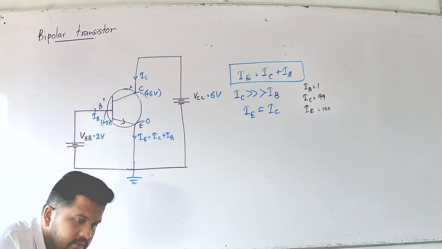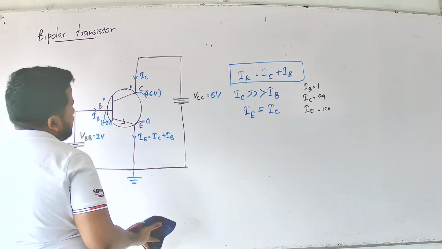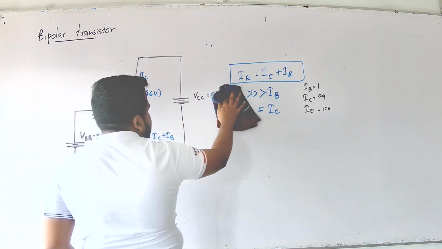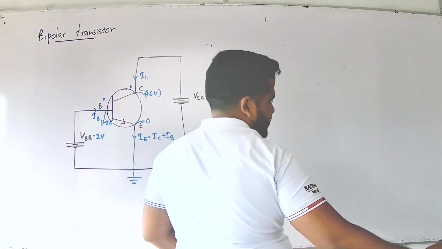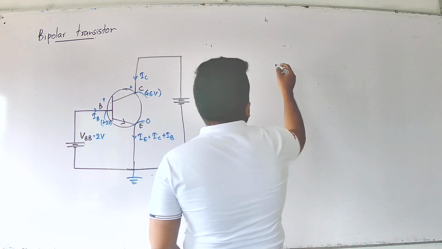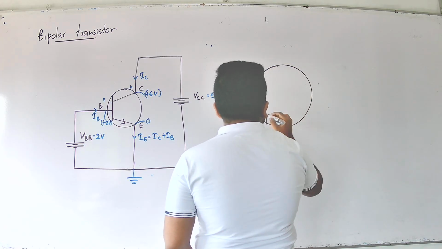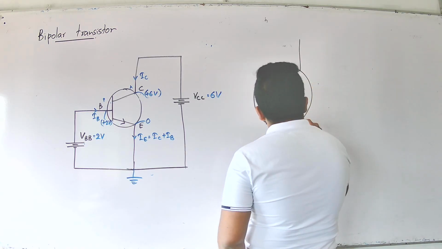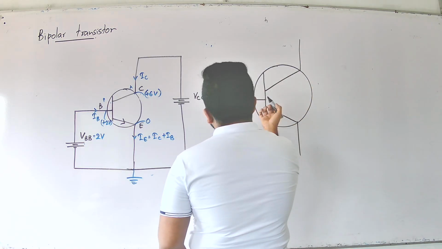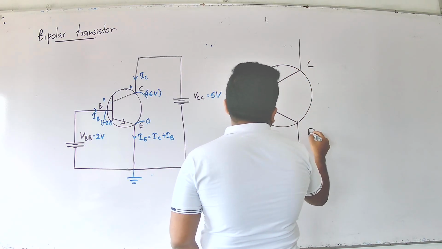Now we need to know these parameters. I know IE, IB, IC. So this is base, this is collector, this is emitter.